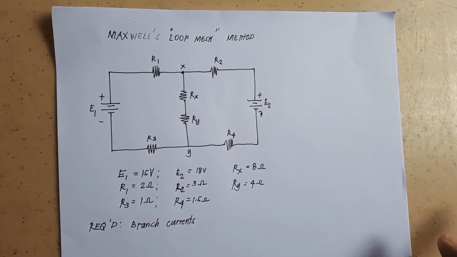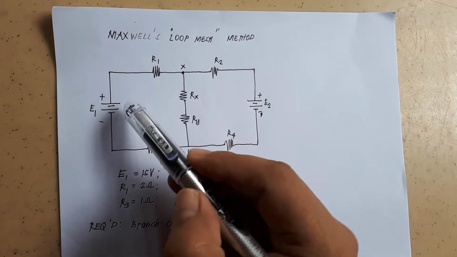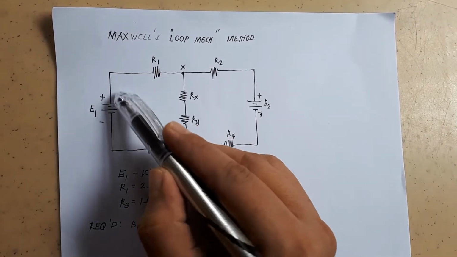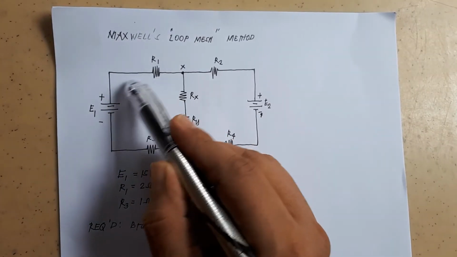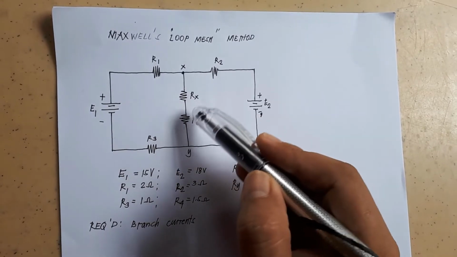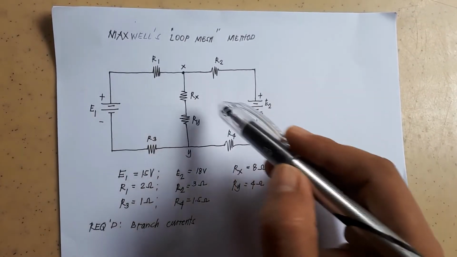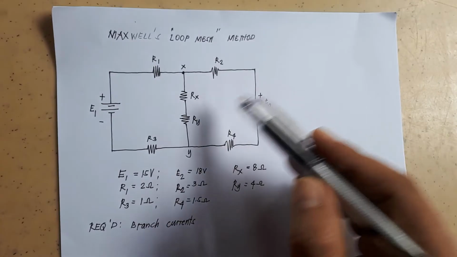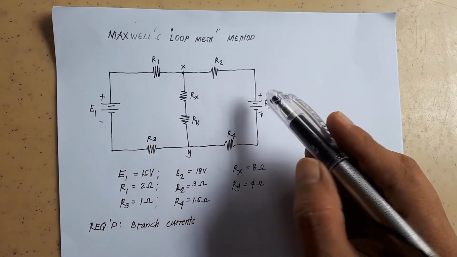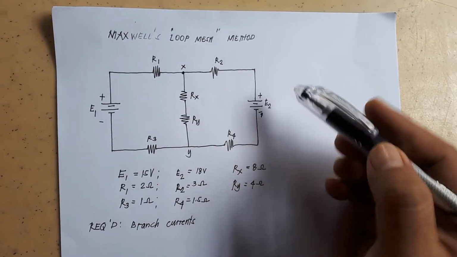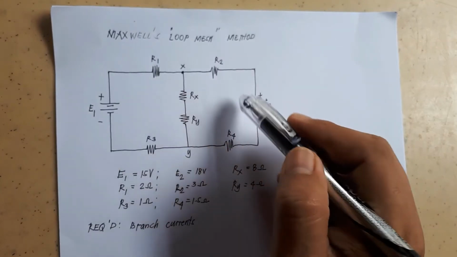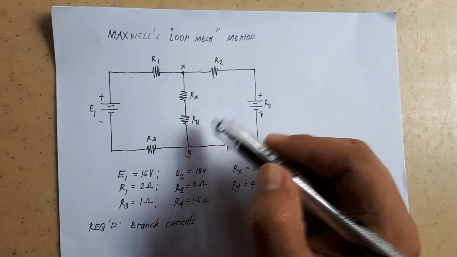When we talk about the branch currents, we are referring to the current supplied by E1 going towards the load, distributed to the different elements, and another voltage source E2 that will also be supplying current to the loads.